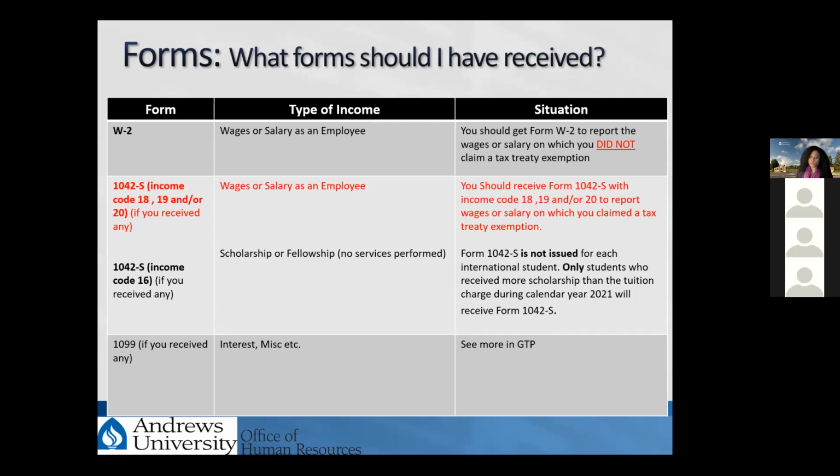And then the 1042S, we have two types. We have one that is based on wages because you had a treaty exemption, okay, and that went through payroll. If you did have that, payroll is going to make sure that that 1042S is also given to you.